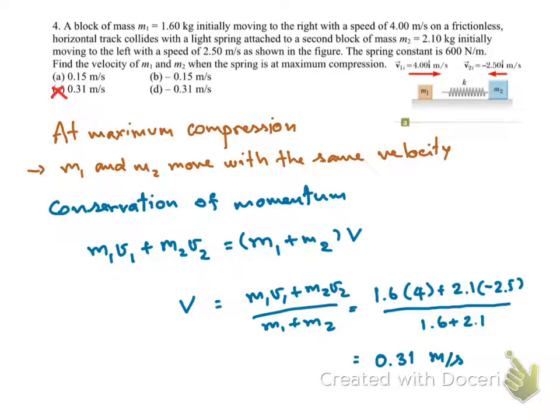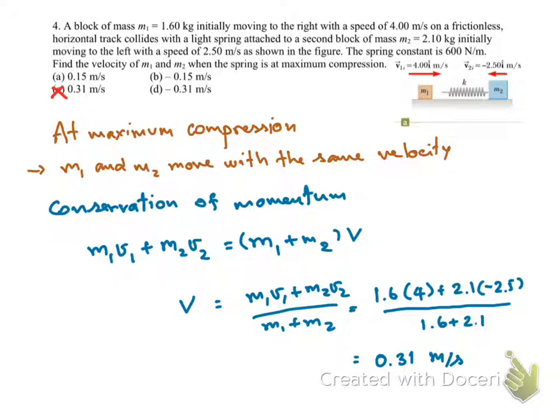Question number 4. A block of mass M1 equal to 1.66 kilogram is initially moving to the right with a speed of 4 meters per second on a frictionless horizontal track. There is no friction on the floor.